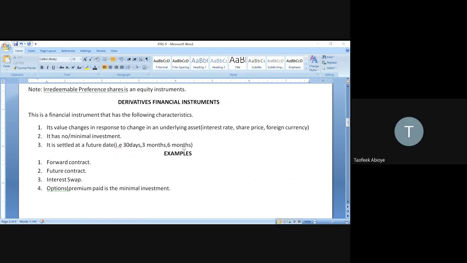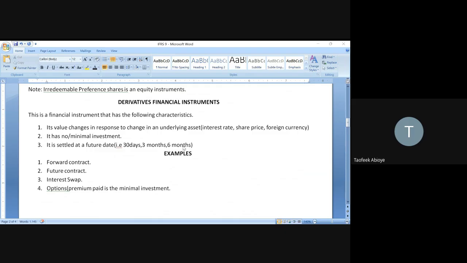Now, that is where derivative financial instrument comes in. You go to a bank, or there are some dealers that you enter a contract with, that I want to buy dollar next month, $2,000.